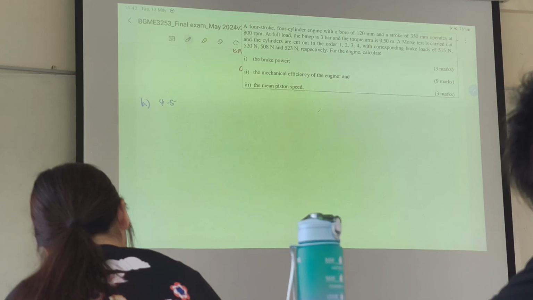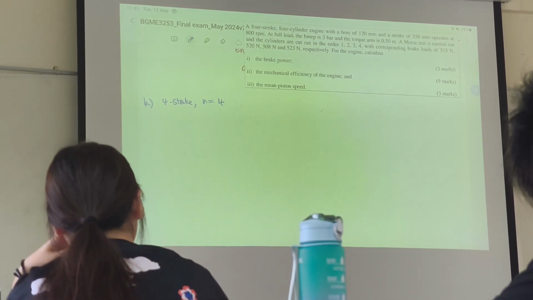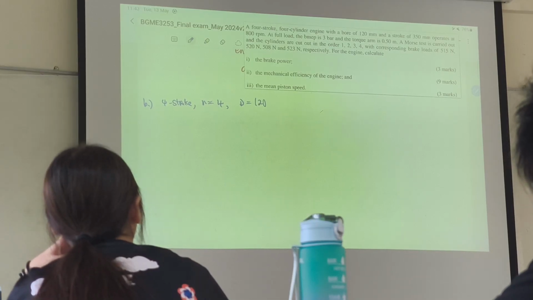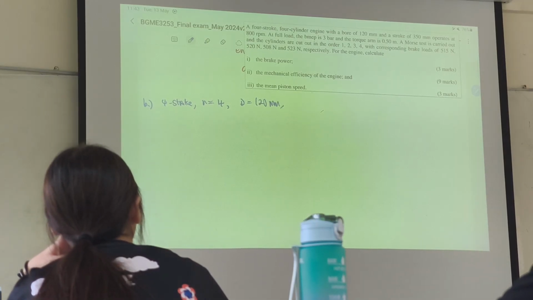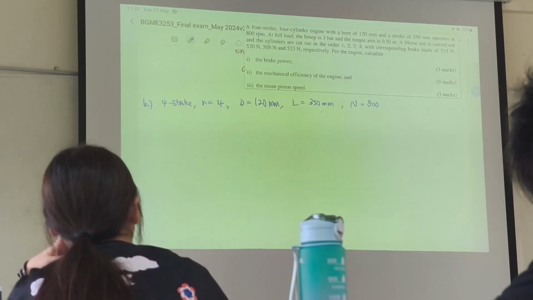So we have a 4-stroke, 4-cylinder engine with a bore of 120 millimeter, a stroke of 350 millimeter, which operates at 800 RPM.